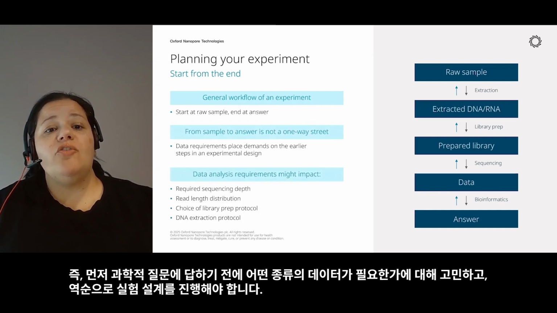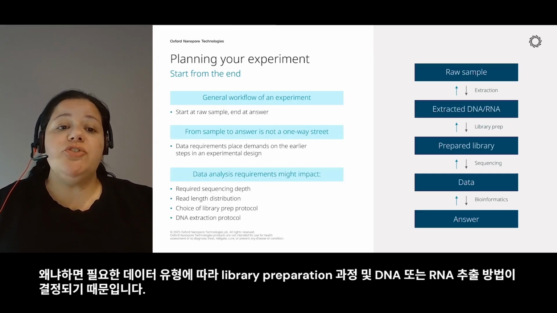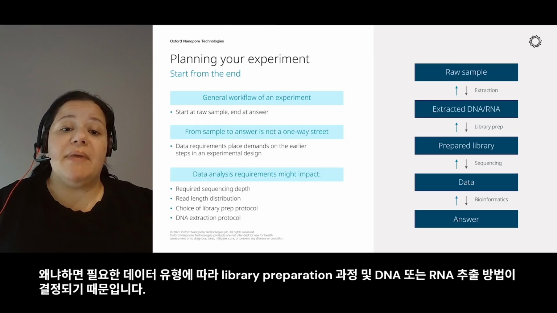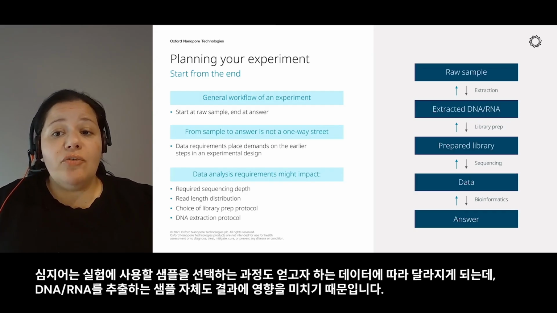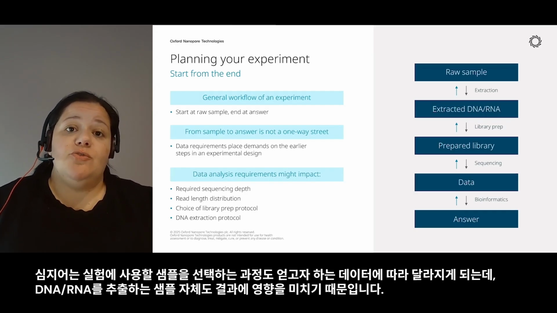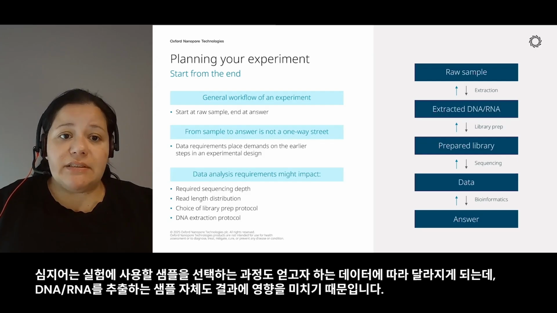So you start off by considering what type of data you need to answer your question and work backwards, because what you need from your data will impact the library prep method you will use and how you extract your DNA and RNA. And often the sample you use to start with will have an impact as well.